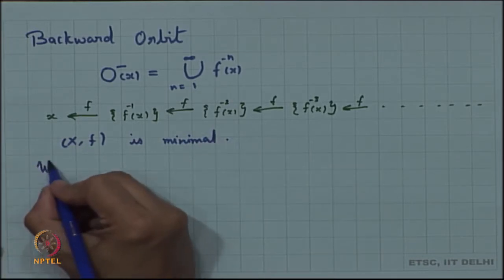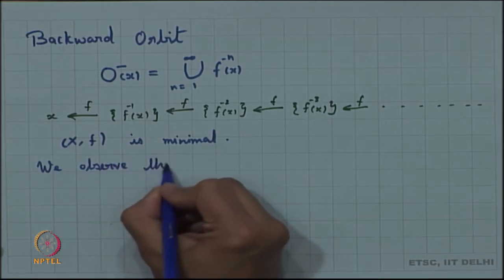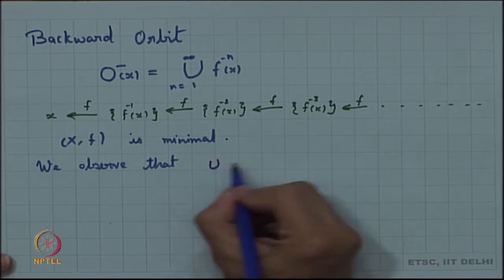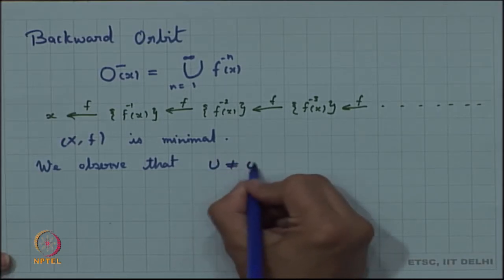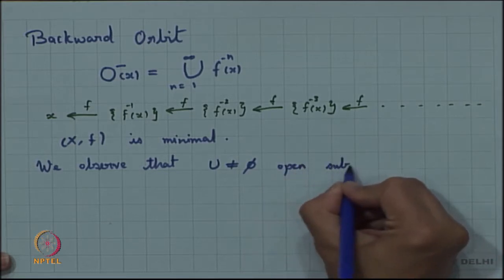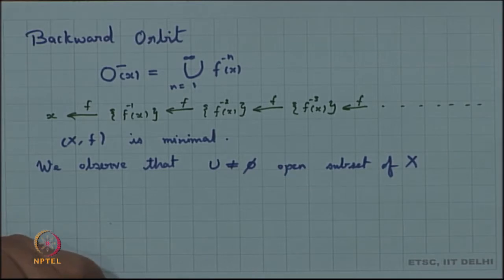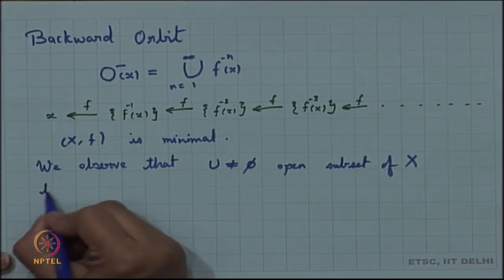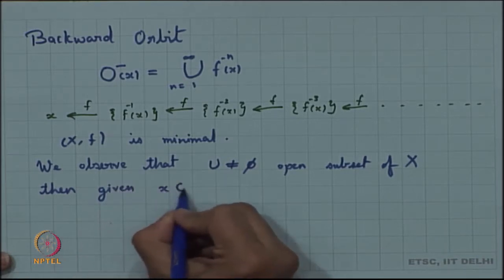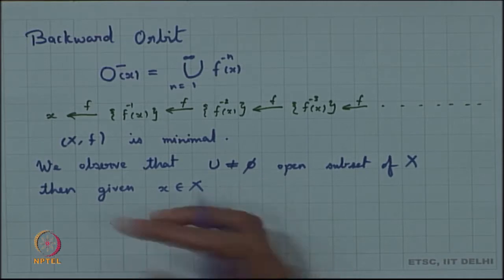What we observe is this: say U is a non-empty open subset of X. We know that the orbit of every x is dense.